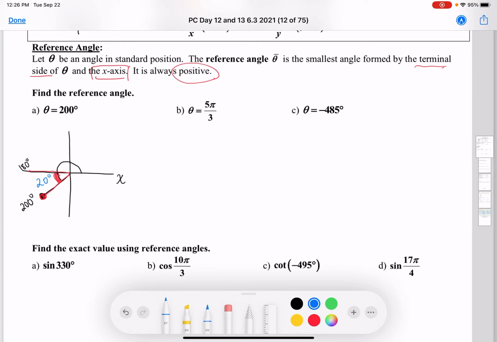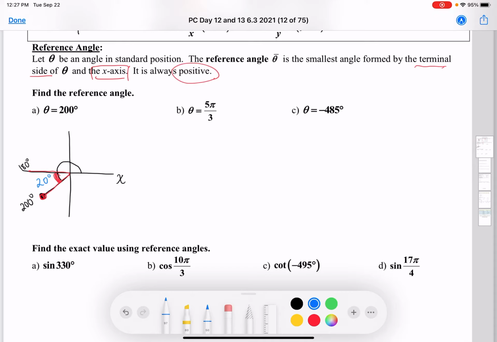Okay, and notice it's the angle just between where we stopped on this terminal side and the x-axis. And so remember from today in class, this is so important because we're just practicing right now, but we're going to use reference angles to help us find exact values of different trig functions on the unit circle. As long as we know all of the exact values related to the first quadrant in the unit circle, then we are able to use reference angles to figure out what those exact values would be at any angle measure.